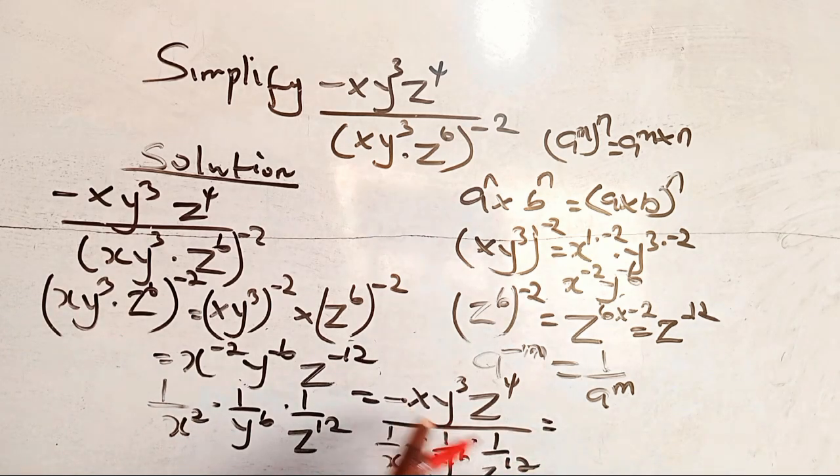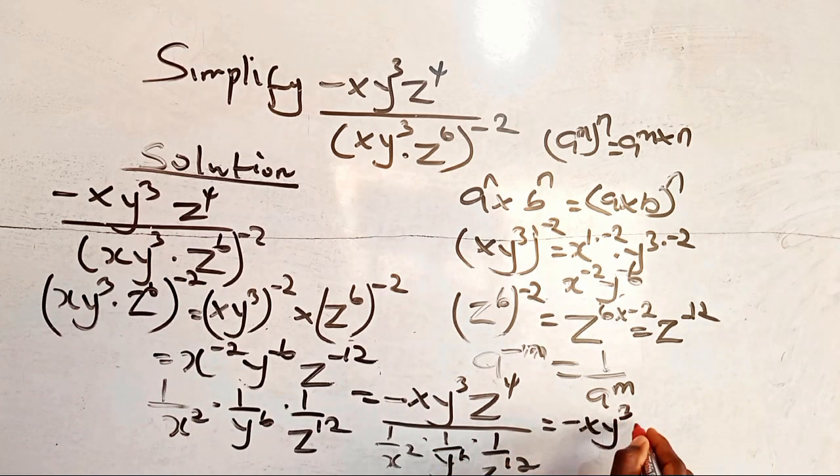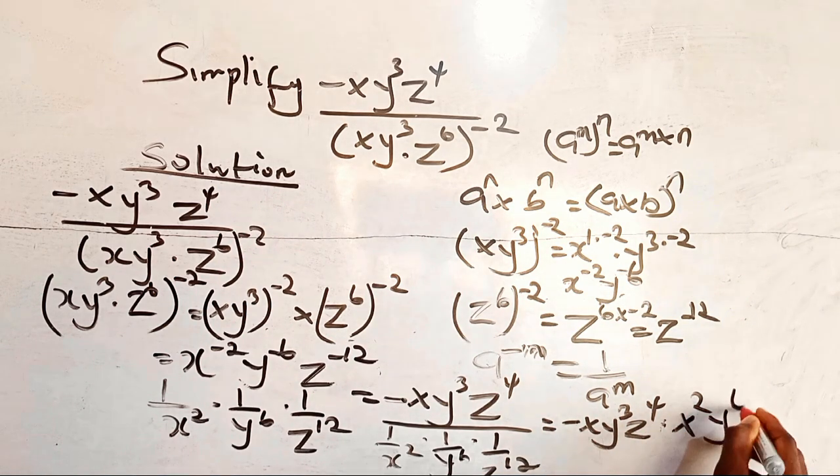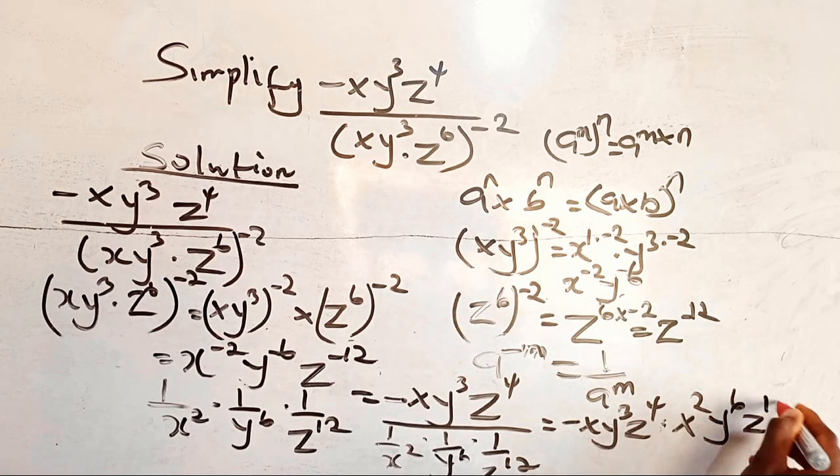So the reciprocal gives us minus x y raised to the power 3, z raised to the power 4 at the numerator, times x squared, y raised to the power 6, z raised to the power 12.